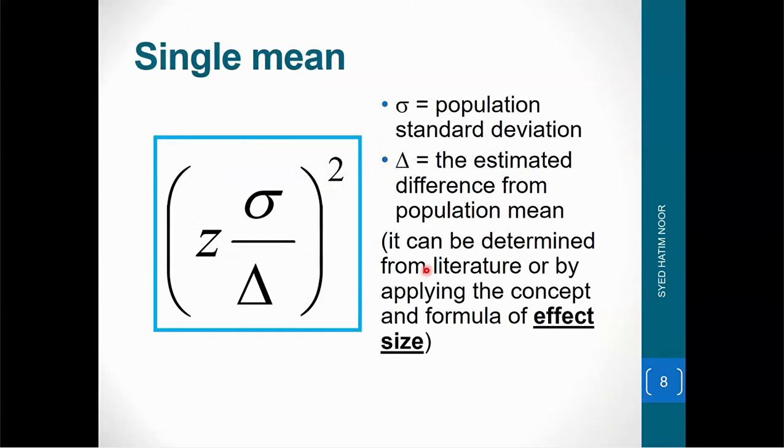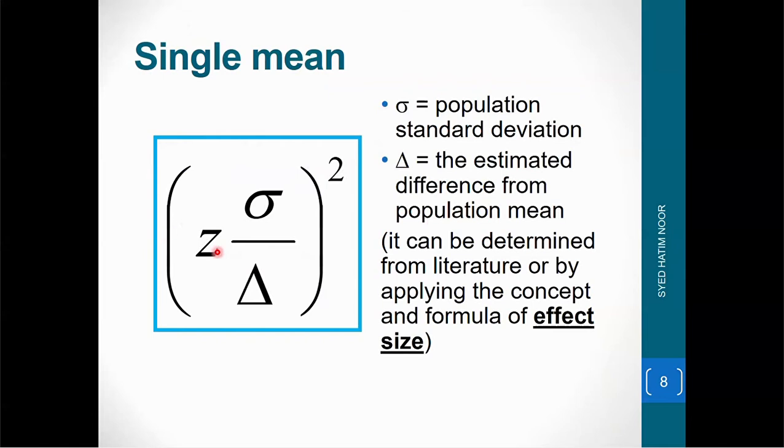Okay, this is the single mean formula. Not difficult: n = (Z × standard deviation / detectable difference) squared. The z value is based on the standard normal distribution.